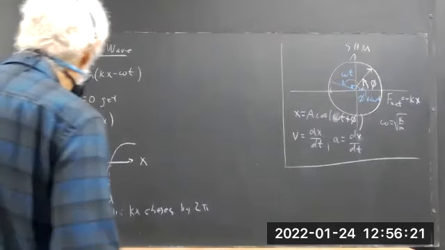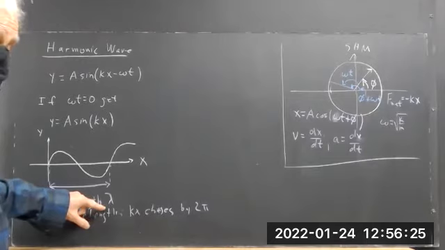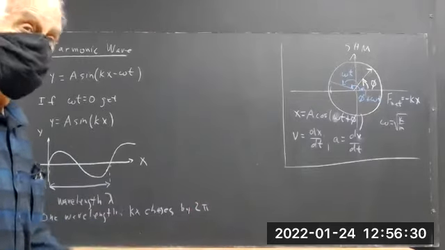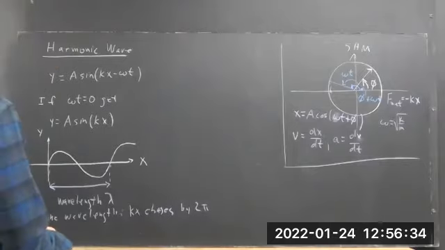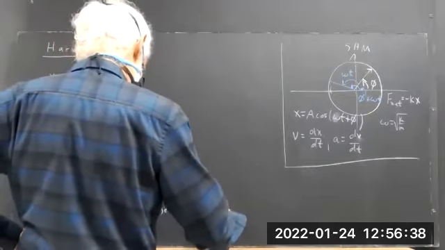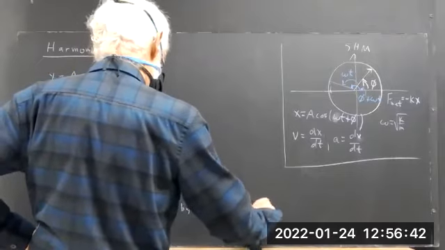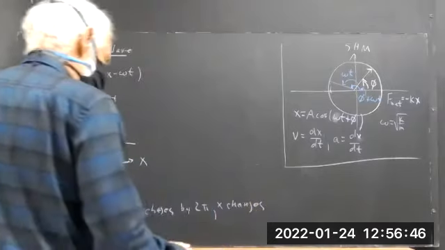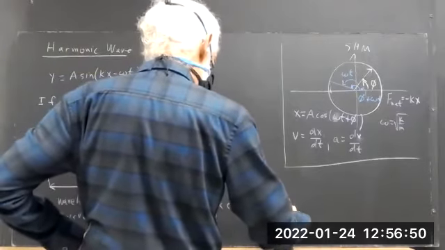Now, if x changes by lambda when kx changes by 2 pi, then what's the value of k? I'm sorry, this chart is on the right. x changes by lambda, kx changes by 2 pi.